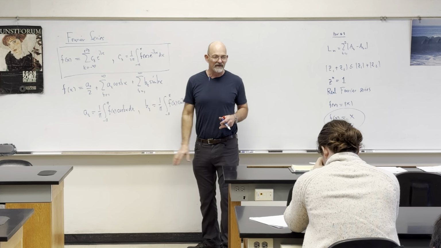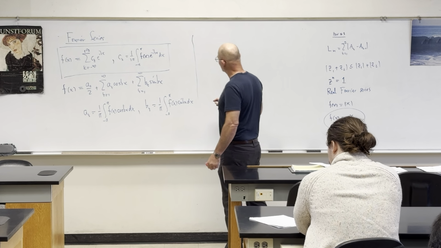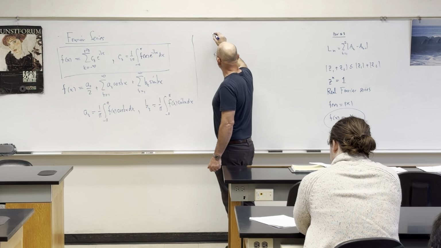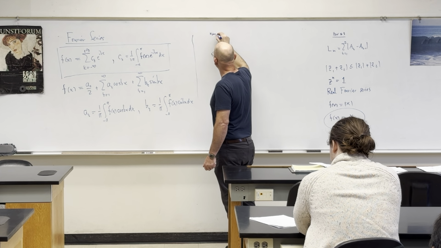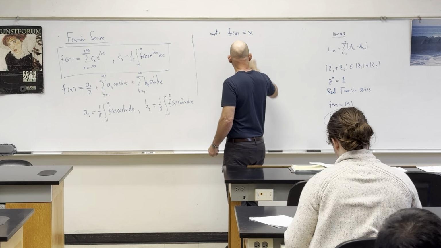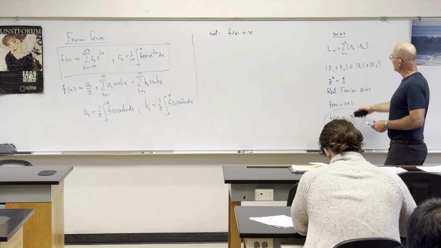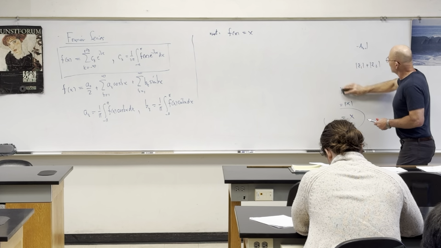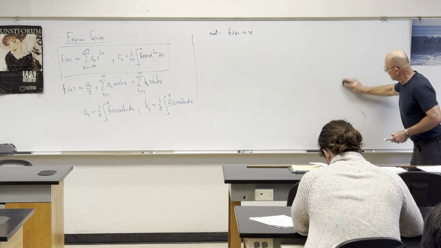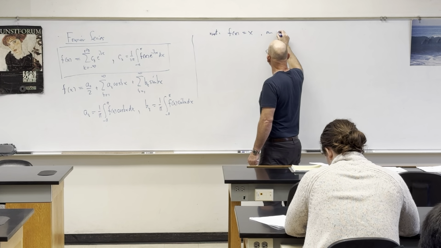If it's odd, you get rid of some of the other ones. So that's what we're going to talk about next. It'll save you a lot of trouble there. So next we'll consider f of x equals x. That's an odd function. This was the even one that we had been talking about. x is an odd function.